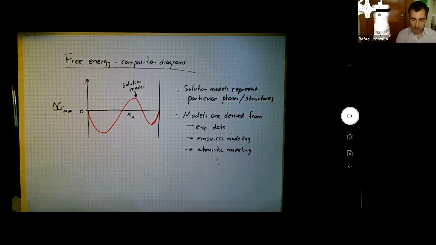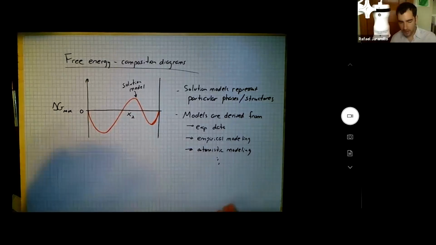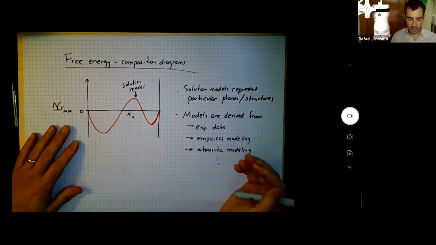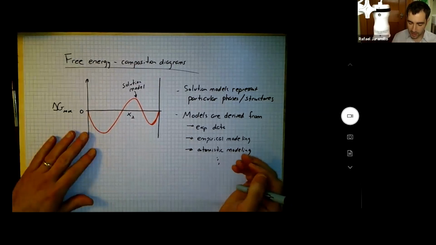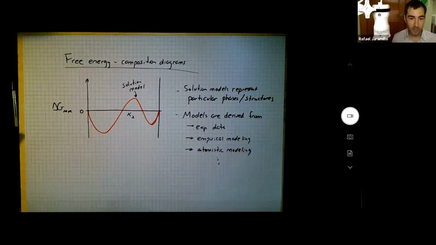All right. And so this is the core of the class. We're getting there. This is what really enables phase diagrams, which is what enables materials processing. These solution models, we're going to deal with only the most basic ones in this class, and you can go pretty far with that. The basic ones are what they give you in Thermo-Calc.